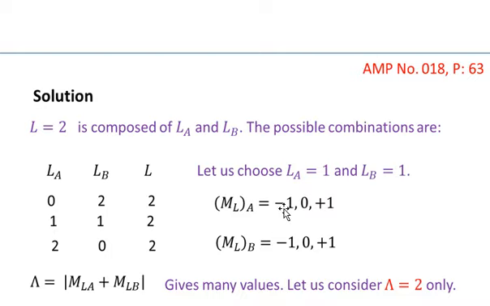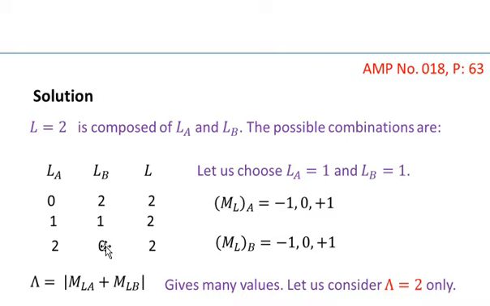MLA will have the following projection values: minus 1, 0, plus 1. Similarly, MLB has values minus 1, 0 and plus 1. And capital lambda, equal to the mod of MLA plus MLB, gives many values. I have used only positive values of LA and LB to produce capital L equal to 2.